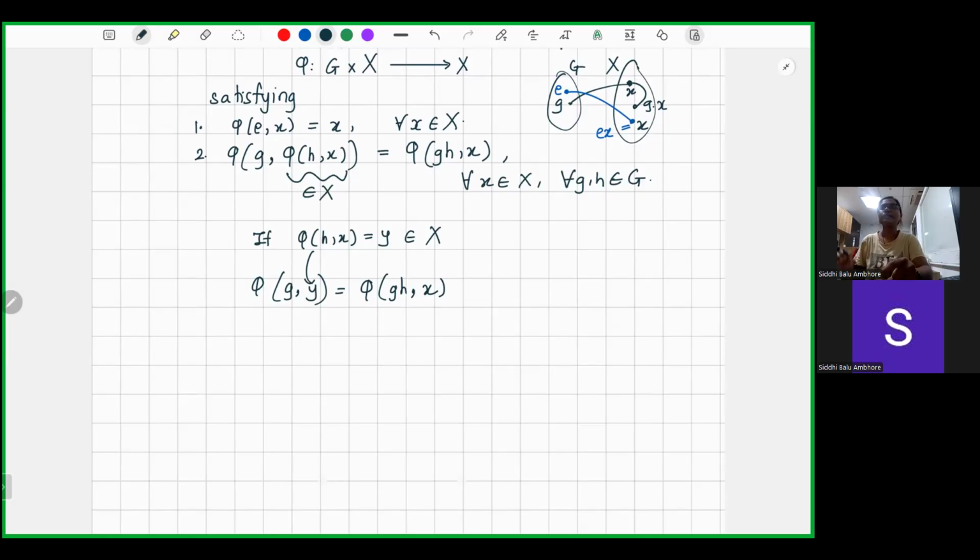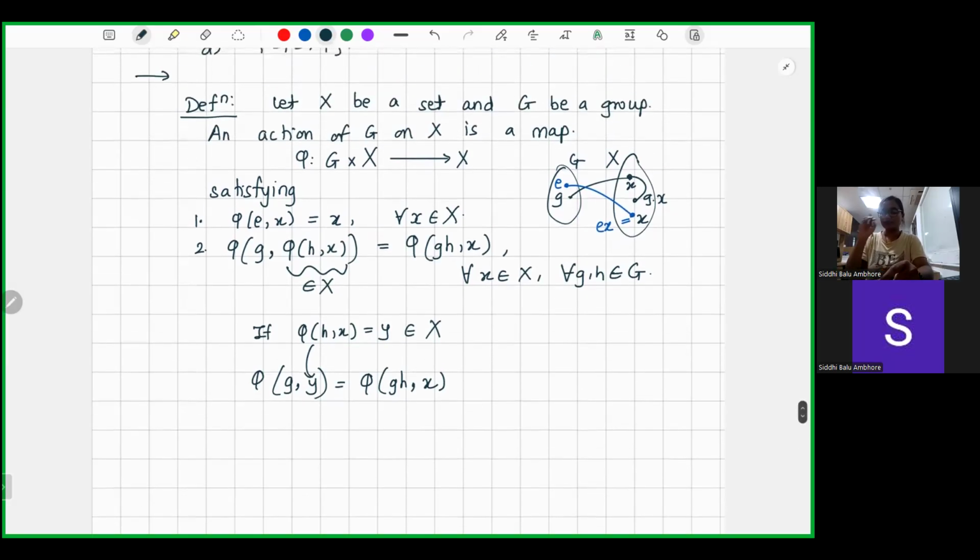This is the property we must have to declare that G is acting on X under this map phi.